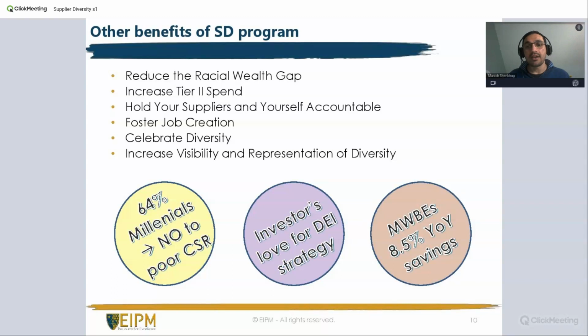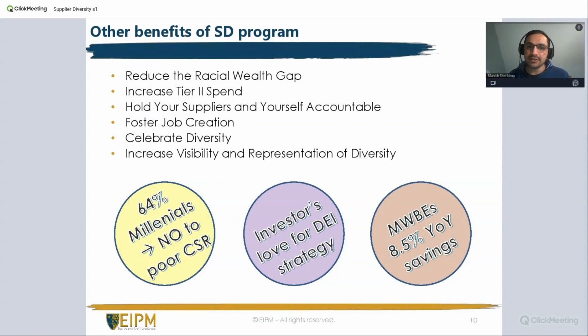These millennials say, if an organization doesn't have a supplier diversity program or a robust CSR policy, I'm not going to join that organization, or I'm not going to work with that organization. So this is more and more popular in millennials, and these are the people who are going to form the core of the workforce in the coming years, right? So this is something which is important.